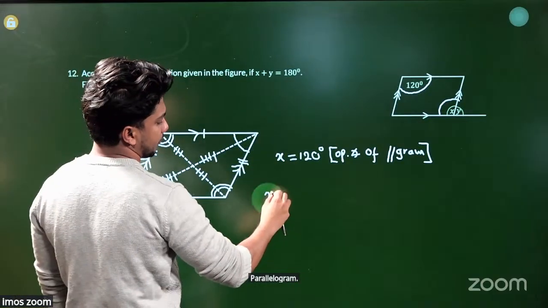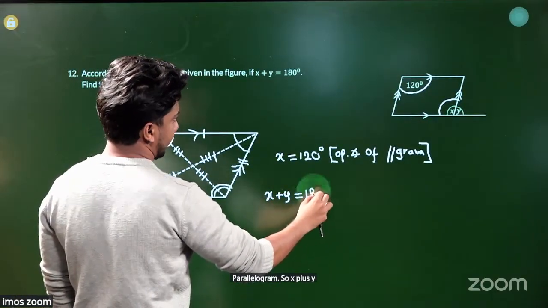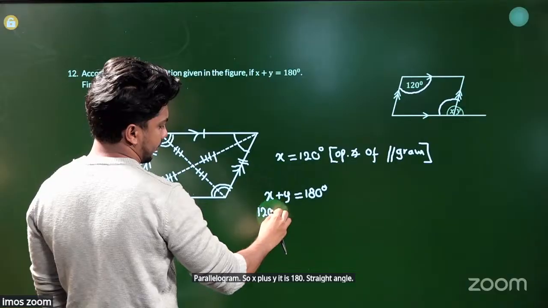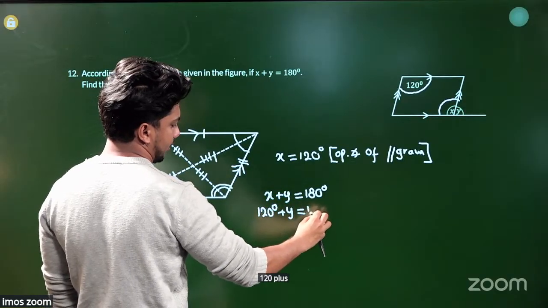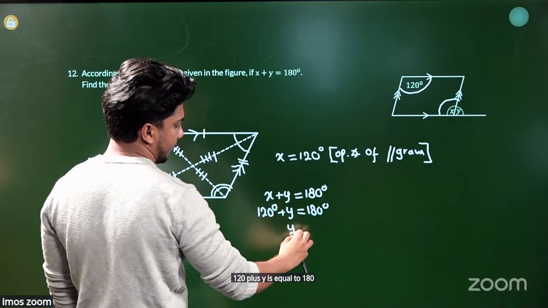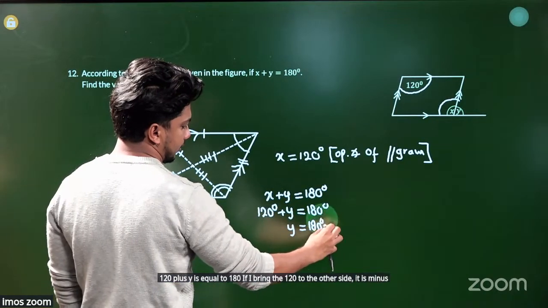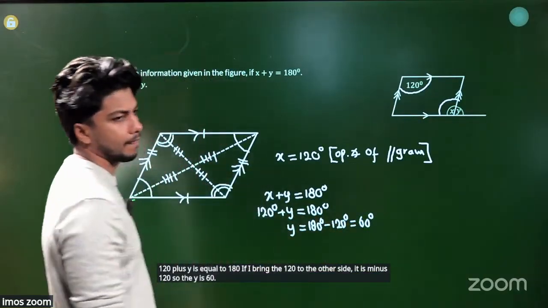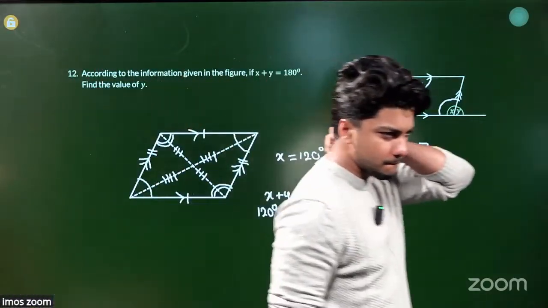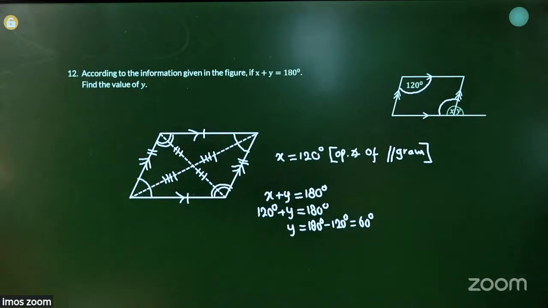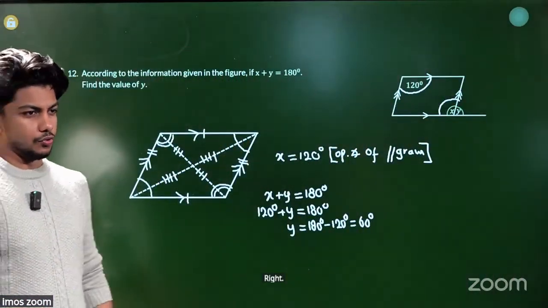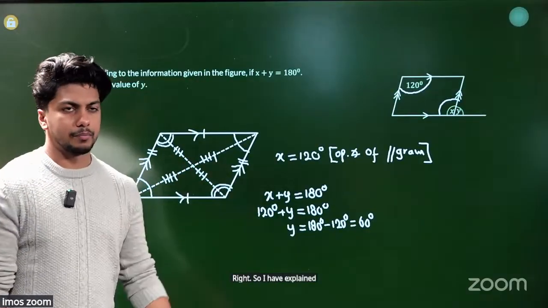So x plus y, it is 180. එක straight angle එක. 120 plus y is equal to 180. If I bring the 120 to the other side, it is minus 120. So the y is 60. Right? So I have explained the basic features of a parallelogram.